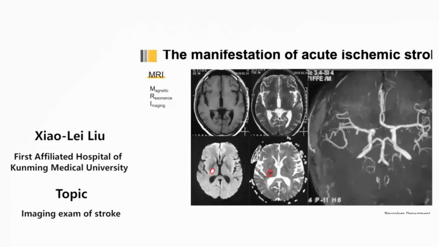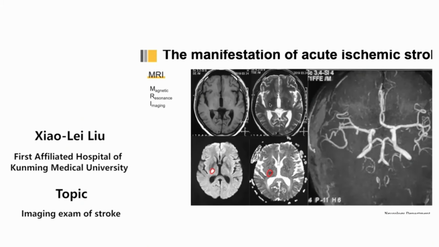Unlike the CT scan, the MRI is very sensitive to detect AIS, acute ischemic stroke. Generally speaking, the AIS lesion is characterized by a low or identical signal in T1 weighted image, high signal on T2.